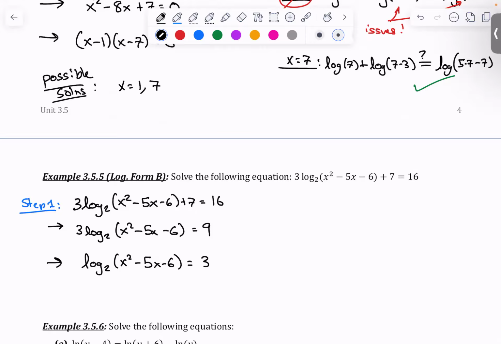So from here, unless there's any questions on any of the algebra that I've done so far, it's in the format of log of something equals a number.